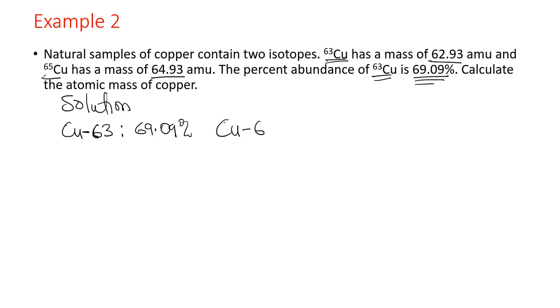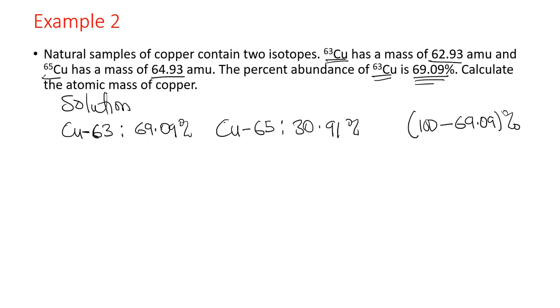Copper-65 has a percentage of 30.91%. So how do we get 30.91? It's just 100 minus 69.09%. So we just need to take note of that.